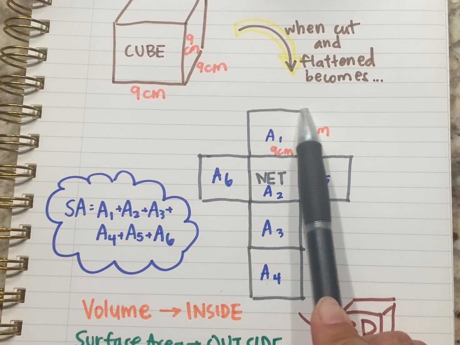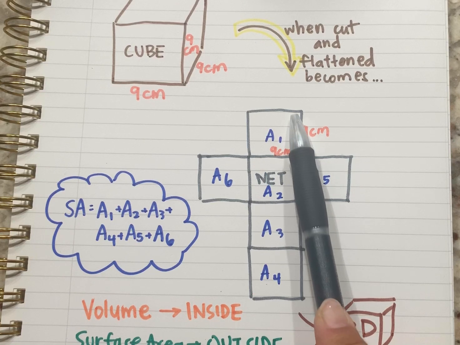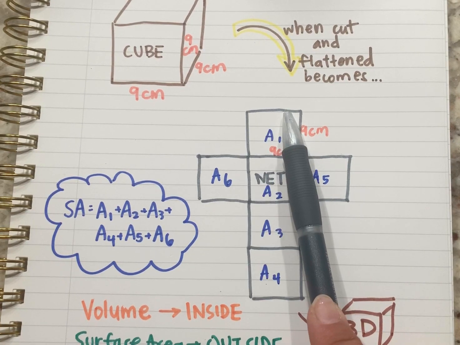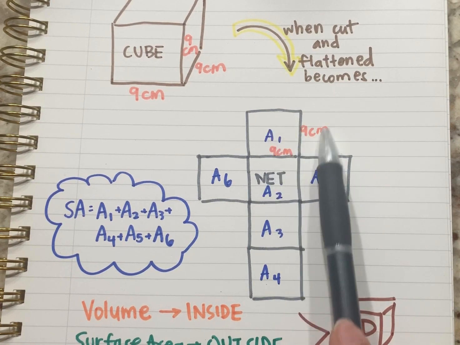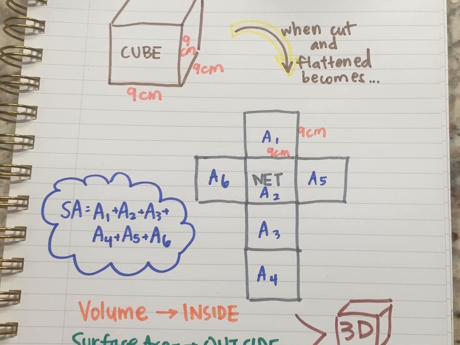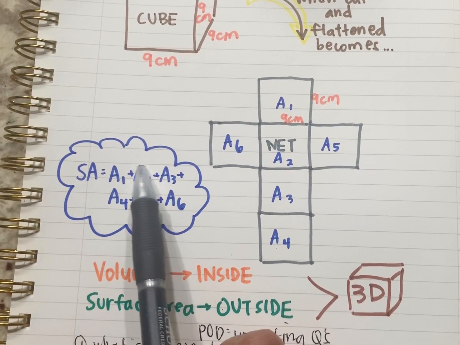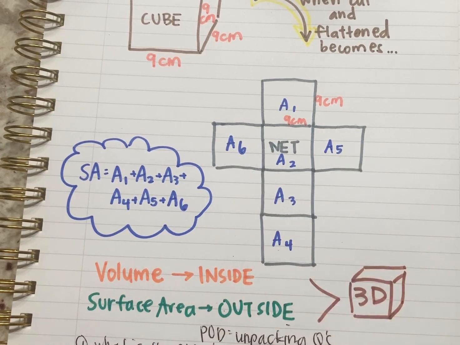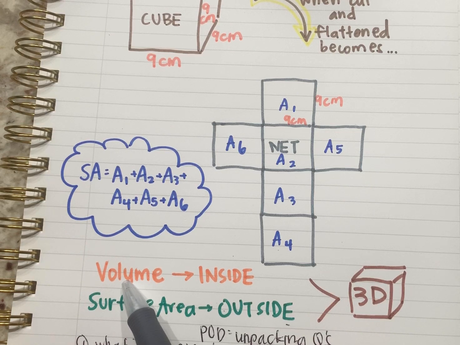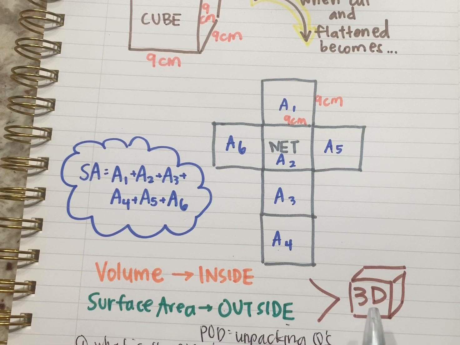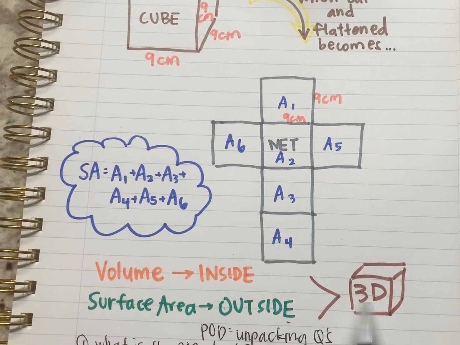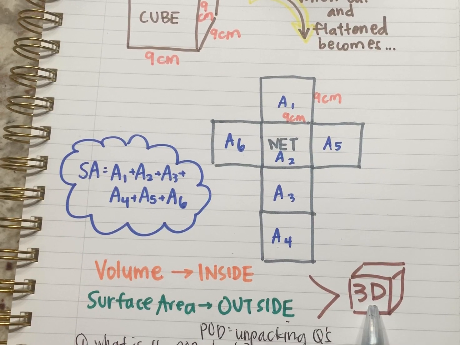So a regular area is just one area from one of these flattened faces, whereas surface area is a collection of all of the areas together. And now volume, we learned, is the inside of a 3D shape. The surface area is the outside of a 3D shape. Okay, I'm gonna let that soak in for like 2 seconds.